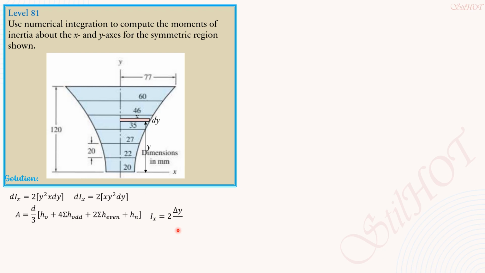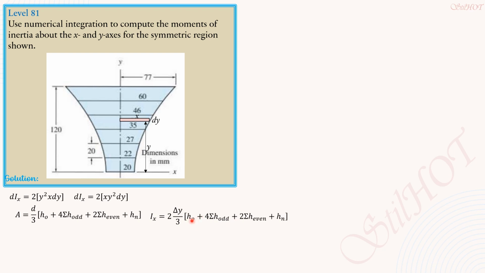So Ix is 2 times delta y over 3, wherein delta y is dy, which is d, then over 3 in the formula. Then quantity Ho plus 4 times summation of h odd plus 2 times summation of h even plus h sub n. So again, this 3 here is the constant from Simpson's 1/3 rule.